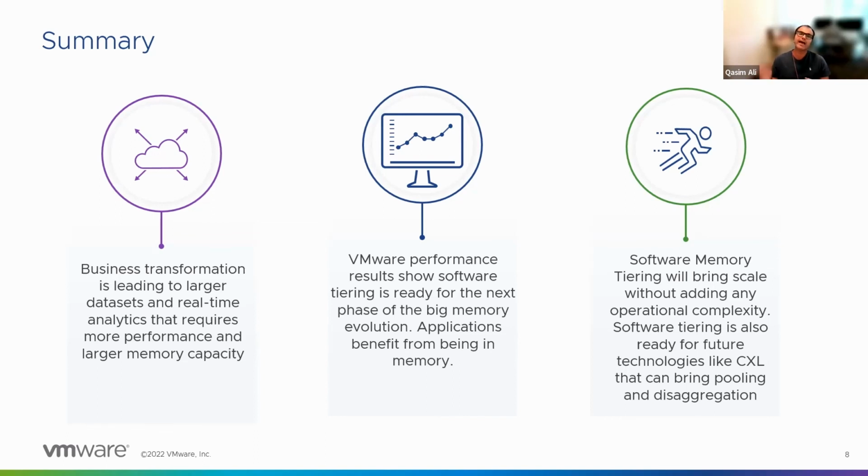We want to be able to add memory without going through the whole cycle of optimizing the application first for a specific kind of memory. So in this software tiering solution, at least our results at this point show that we are ready for the next big memory revolution. Whatever the next devices coming out are, for example, it seems like CXL is the way forward these days, we are ready for technologies like CXL.